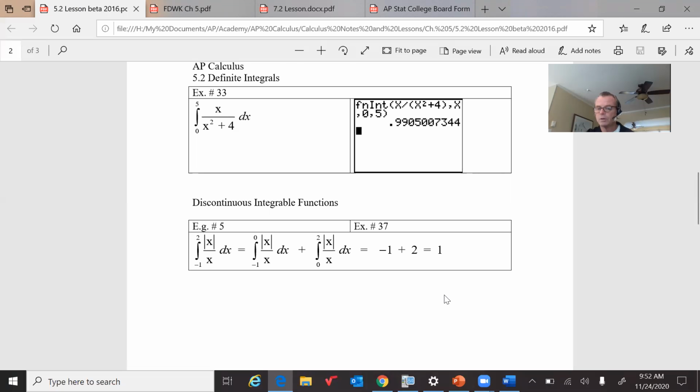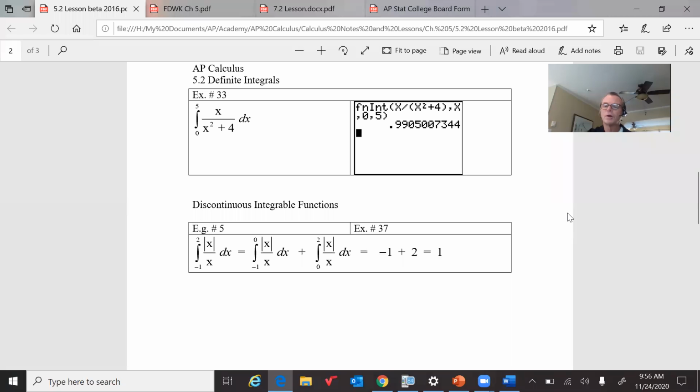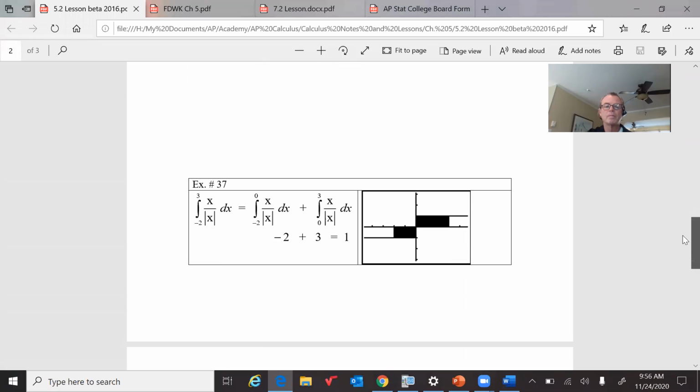Okay? So that's your model, and you're going to problem number 37, please. So for 37, here's what the picture is. The discontinuity happens at 0. So you break it down into 2 integrals. Ready? From -2 to 0, the area is -2.